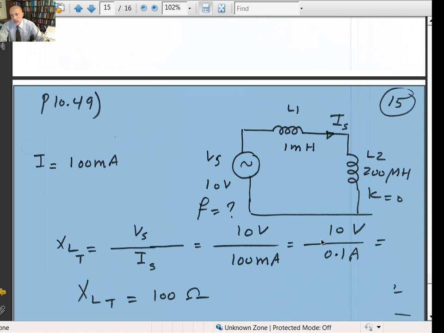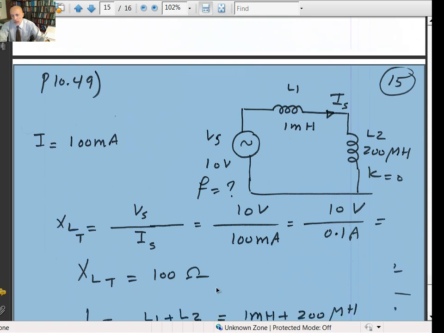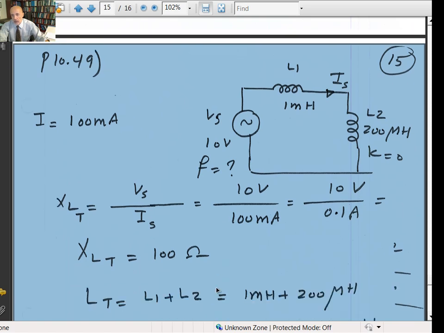Convert that to amps, so XLT will be 10 divided by 0.1, which is 100 ohms. So in order to have a current of 100 milliamps, you need a reactance of 100 ohms, so the frequency has to be adjusted such that the total reactance is equal to 100 ohms.